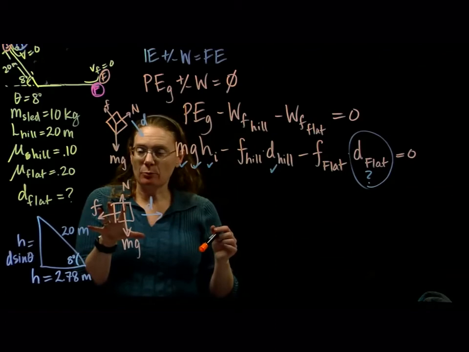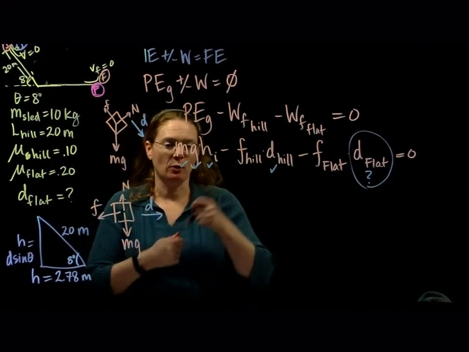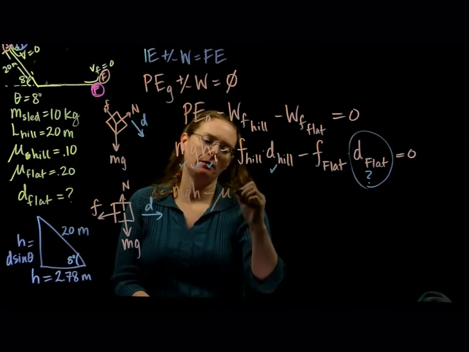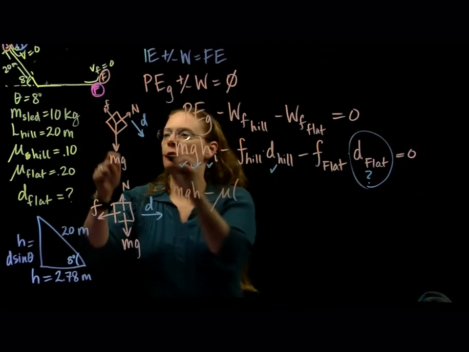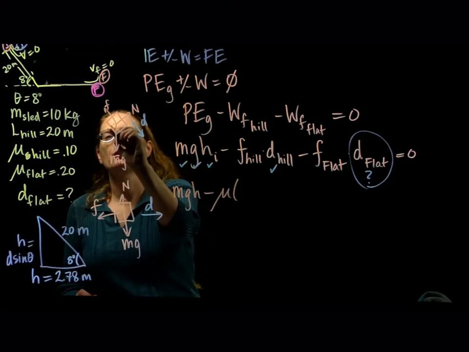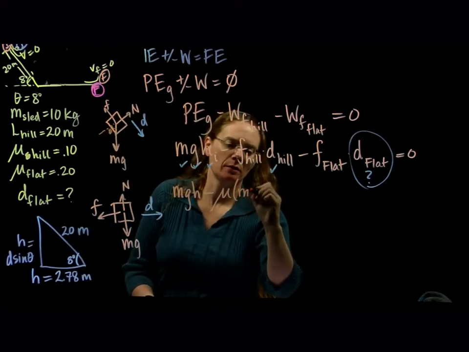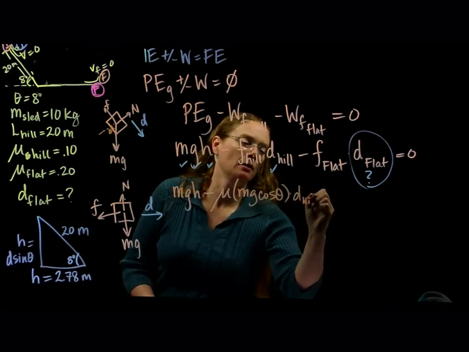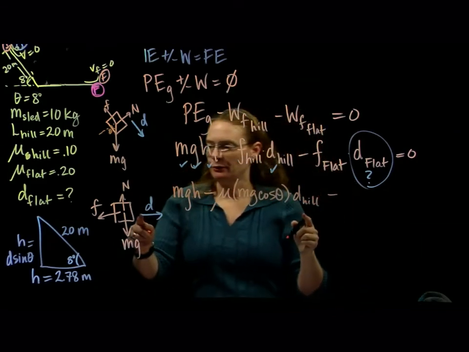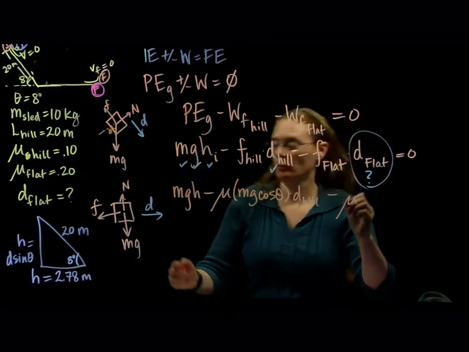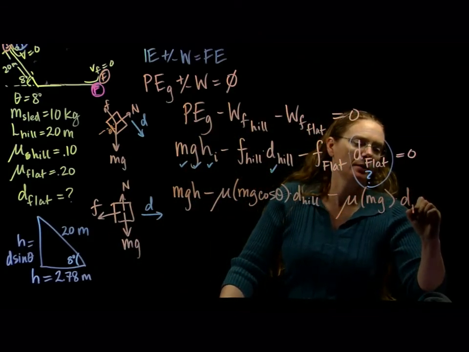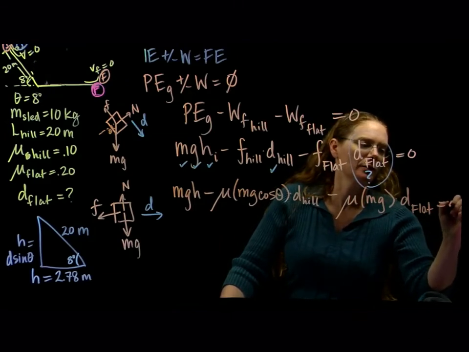Doing exactly the same process that I did just a few moments ago, what you should end up with is, on the hill it'll be mu times the normal, and the normal is the cosine component times the distance on the hill, minus the friction on the flat, which is mu times the normal, which is just the weight here, mg, times the distance on the flat, equals 0.